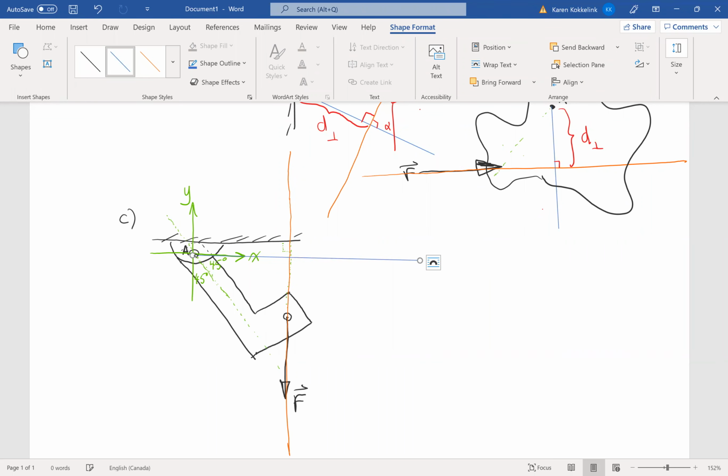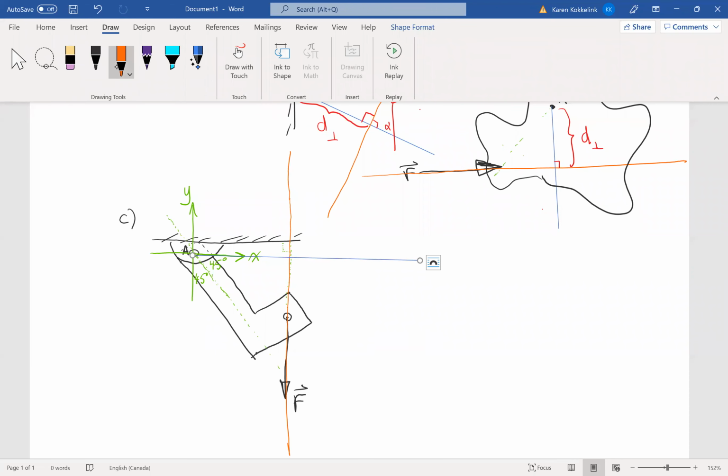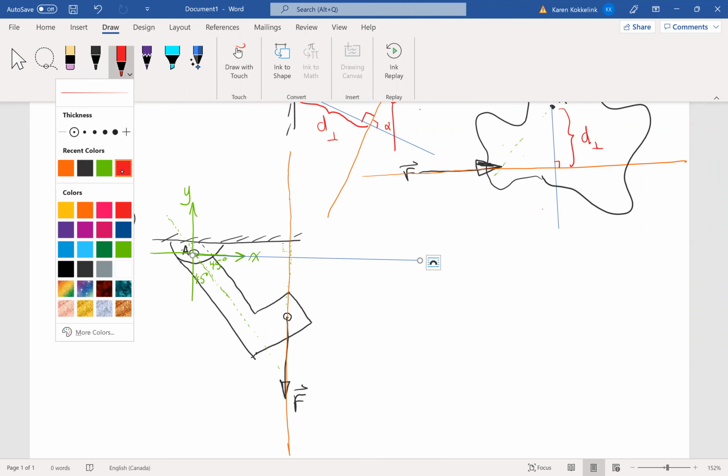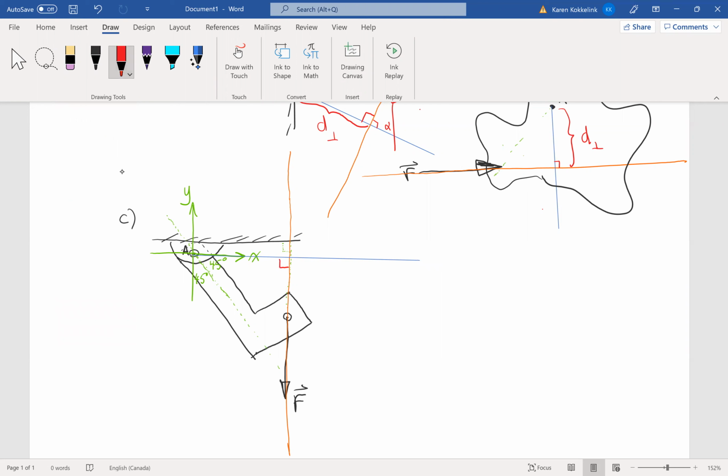I'm right along that x-axis. So let's draw our angle in there. There's your 90-degree angle, perpendicular distance. And your perpendicular distance will be the side of that line that goes through the point of rotation A. So this must be my perpendicular distance.